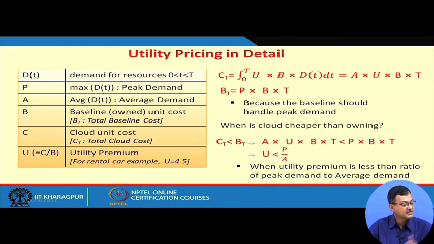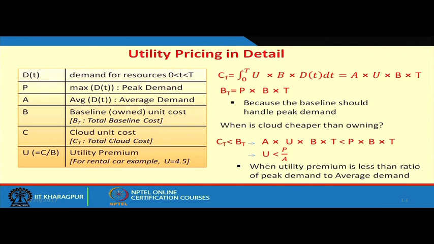In our case it is 5,000 by 500, so something like 10 is the utility premium here. The utility premium is taking the cloud service cost divided by the baseline cost, C by B. So, I have a variable demand d(t), a peak demand P, an average demand A, a baseline owned unit cost B, a cloud unit cost C, and I want to find the utility premium, that is C by B.